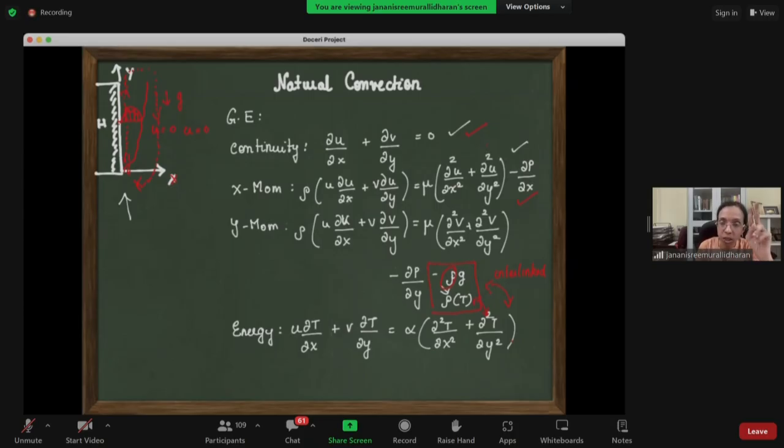Point number two is, if you notice here, the question in your mind will be, this density, is it also a function of temperature? So the answer is no. An approximation, which is called the Boussinesq approximation, you must have heard of the term, right? So the Boussinesq approximation basically says that in large parts of the domain, in the main momentum equation, I presume constant density, okay?